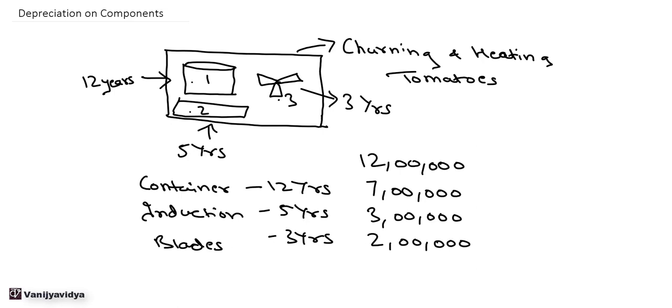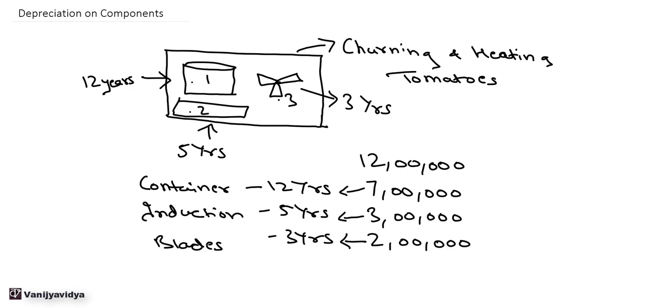Then the depreciation needs to be charged accordingly. So the 7 lakh cost of the container needs to be allocated over 12 years, 3 lakh over 5 years and 2 lakh over 3 years.